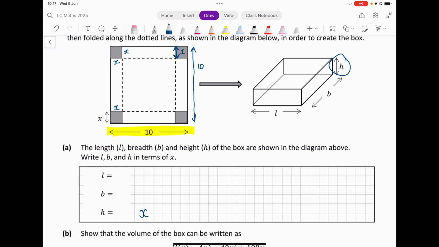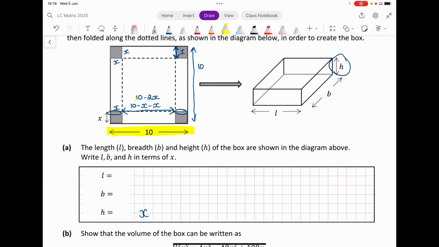All right. Now for the length, if we look here, this here is going to be the length. All right. So this is going to be the length of the box. And if we are taking away an x and an x, what we're left with is 10 minus x minus another x, which gives me 10 minus 2x.